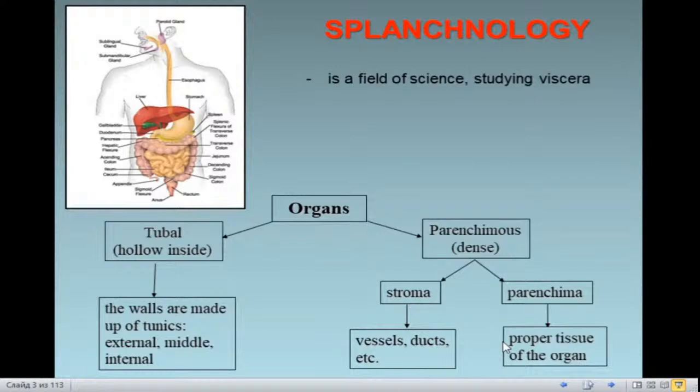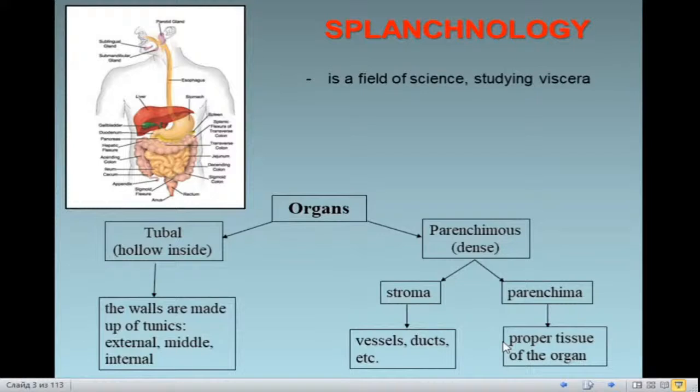It's a solid, hard framework made up of vessels and ducts inside the organ, and that gives the shape of this organ, because all vessels and ducts are divided according to the number of lobes, segments and lobules, and therefore their number corresponds to the divisions of the parenchymatous organ.